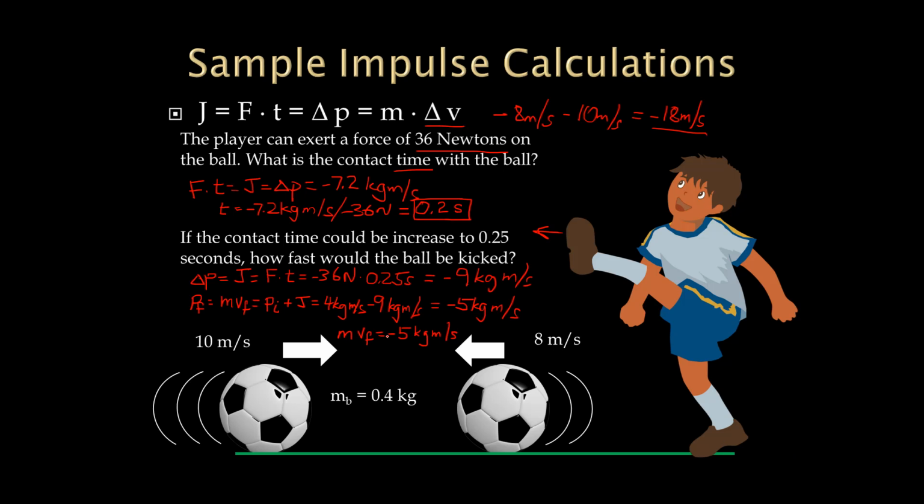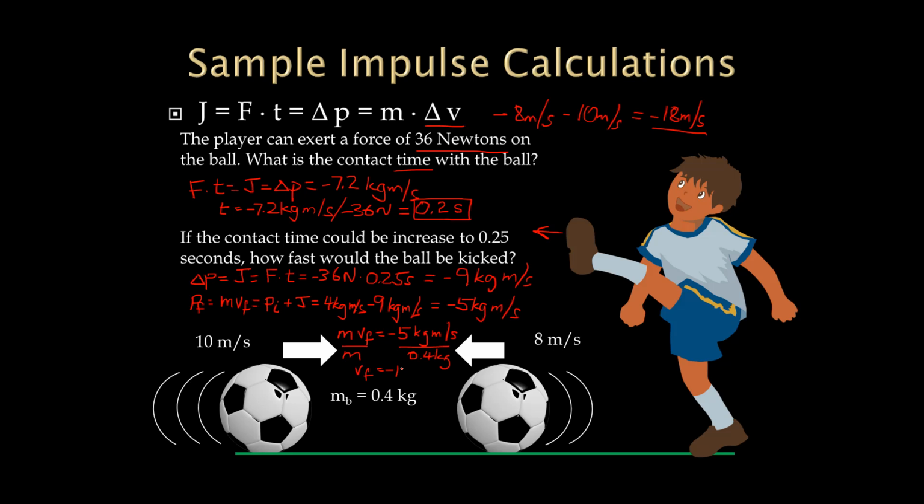So our mass times our final velocity is equal to minus 5 kilogram meters per second. Let's divide each side by mass to get our final velocity. Our mass is 0.4 kilograms. So our final velocity is minus 5 divided by 0.4.